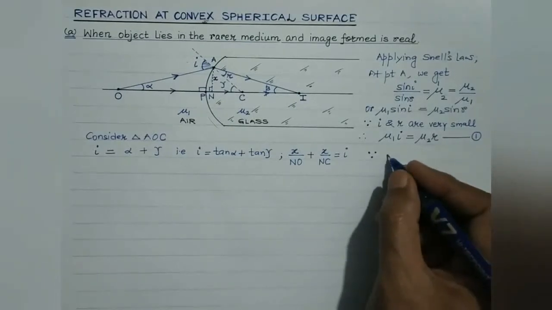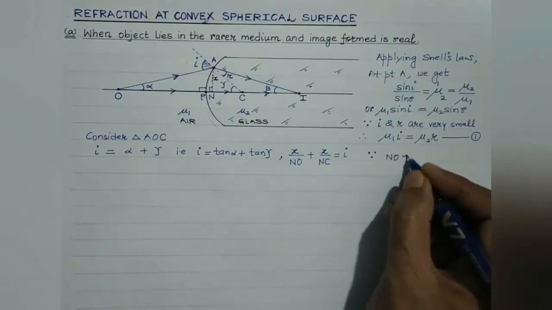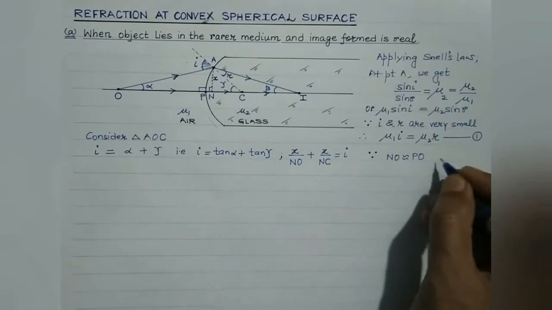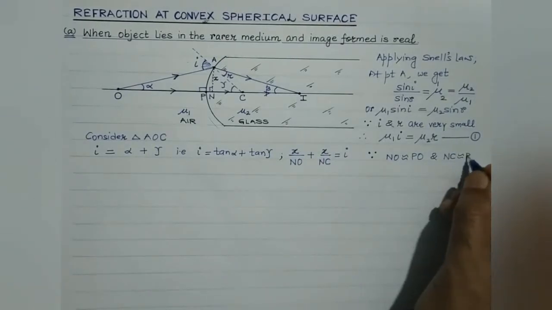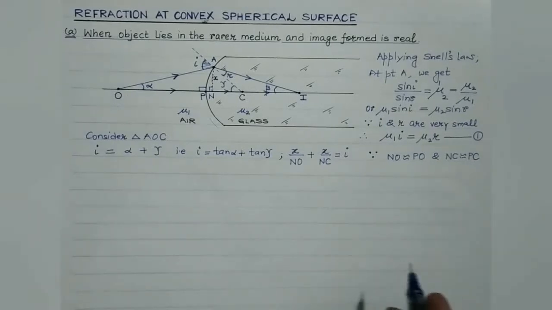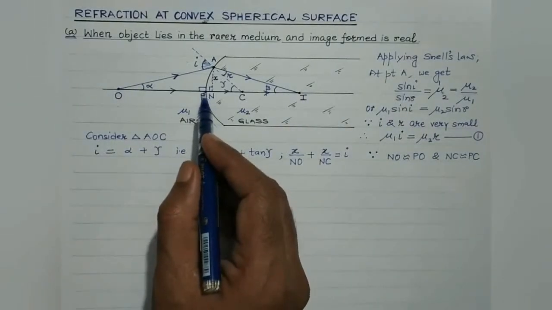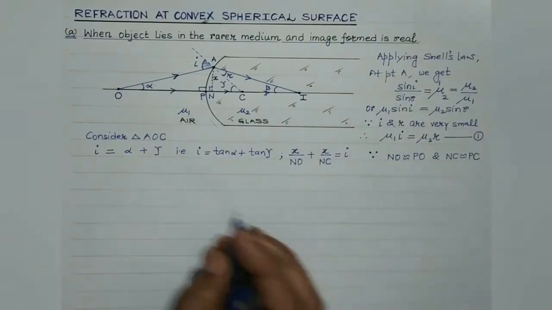Therefore, NO may be written as PO, and NC may be written as PC. Remember, students, all the distances are to be measured from the pole. So P should be the initial letter.